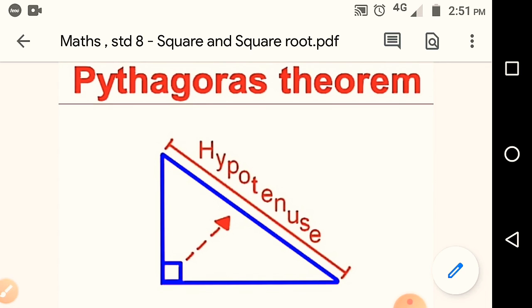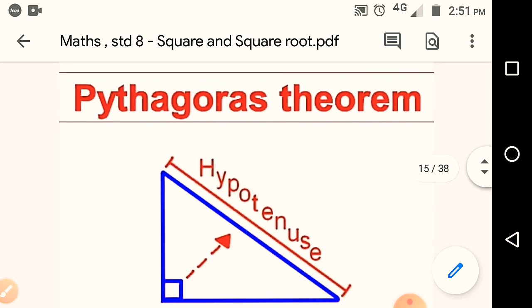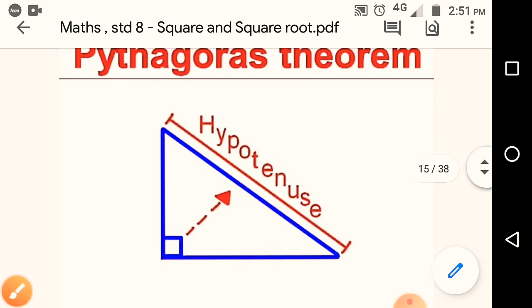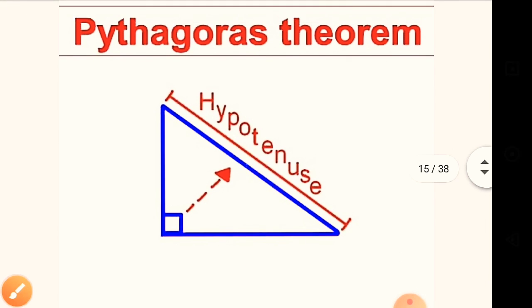Now according to this theorem, the square of this side is always equal to the total of the squares of these other two sides. Suppose this side is given as 3; its square is 9.